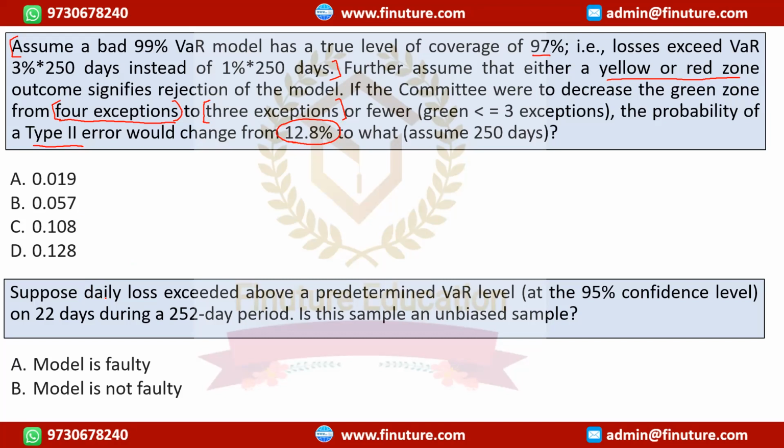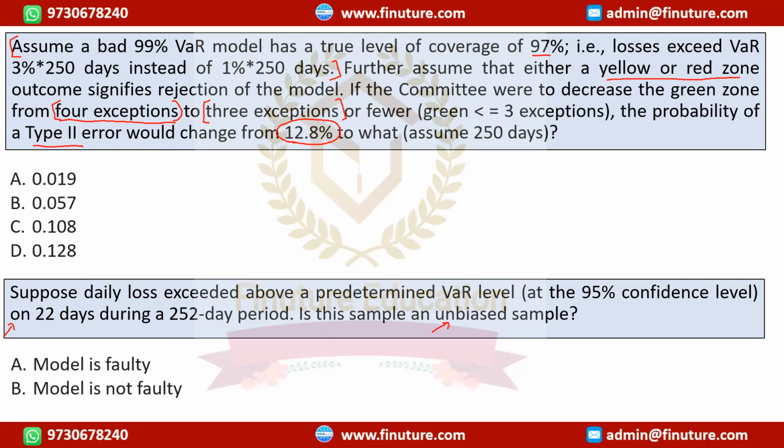And there is a second type. On backtesting, these are the major categories of questions that can be asked. In this, the actual use of hypothesis testing, the practical application of hypothesis testing, you can say. Suppose daily loss exceeds the predetermined VaR level at a 95% confidence level on 22 days during a 250-day period. Is the sample unbiased? You are asked to calculate whether the sample is accurate.